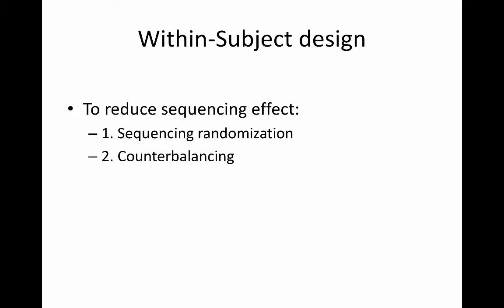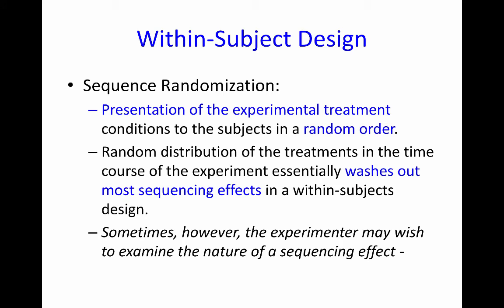So how do we cover for this? To reduce sequencing effects, we do sequence randomization or sequence counterbalancing. Just like there were things we had to control for with group subject design, and we did that by subject randomization, now we're talking about sequence randomization and counterbalancing.